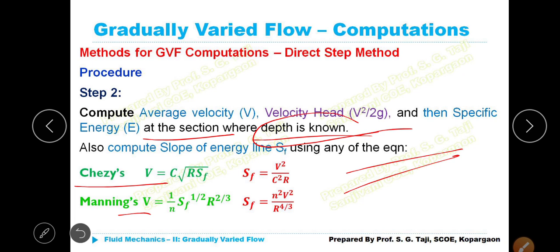Similarly, if you use Manning's formula, then Sf, that is the slope of the energy line, is given by the ratio of n squared V squared divided by R to the power of 4 by 3, where small n is nothing but equivalent to capital N, that is the rugosity coefficient, V is the average velocity, and R is the hydraulic mean depth, that is area by wetted perimeter, A by P.